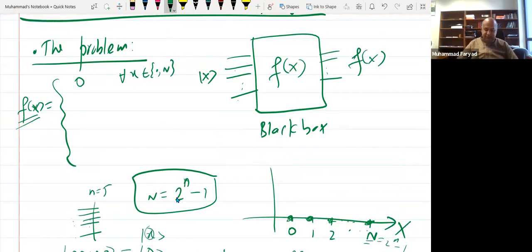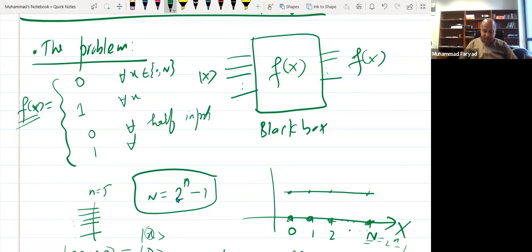And then the second possibility is that f of x is 1 for all x, which means that f of x has a value 1 everywhere. And there's a third possibility in this black box, and that is that f of x is 0 for half the inputs and it is 1 for the other half.